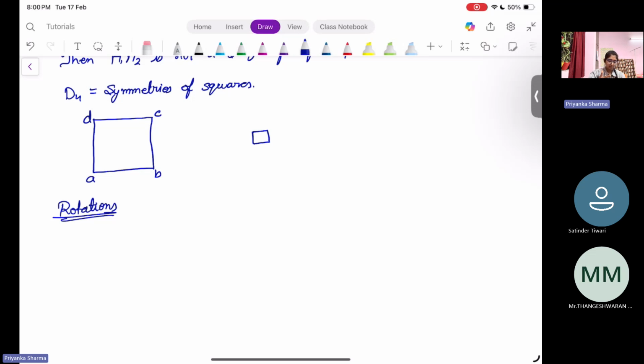Let me fix it in anti-clockwise for simplicity.